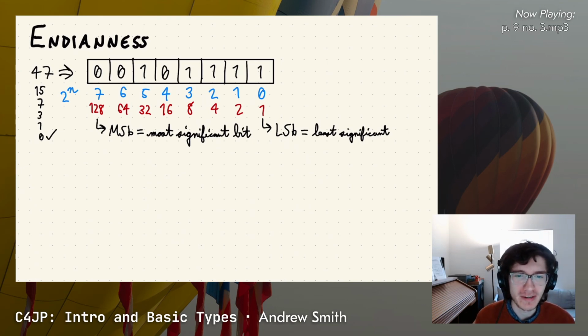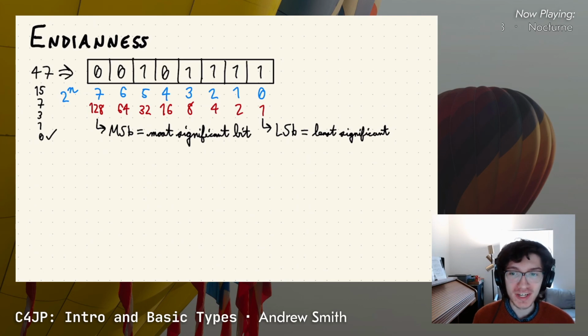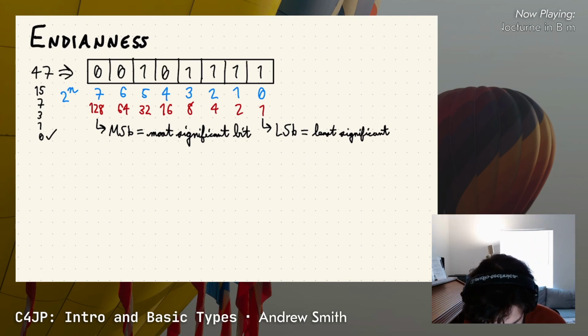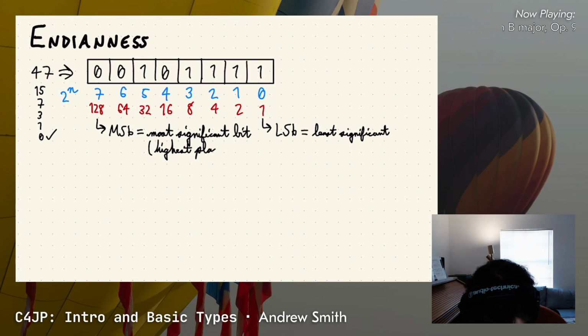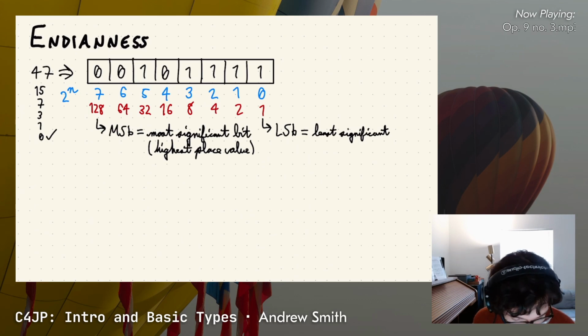That would be a very capitalist way of looking at things. But we're going to say that most significant and least significant really denote highest place value for most significant, and the LSB, least significant bit, denotes the lowest place value.